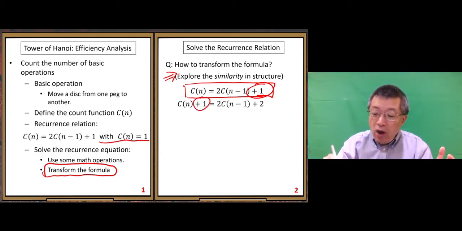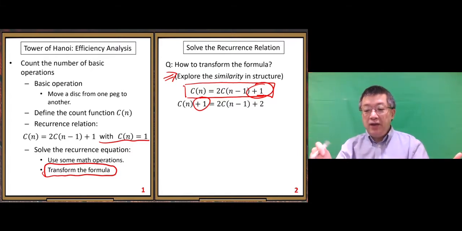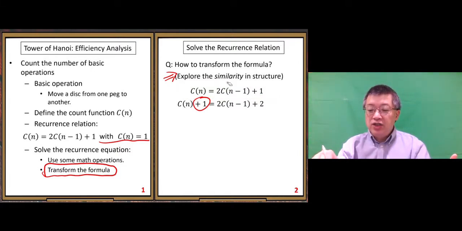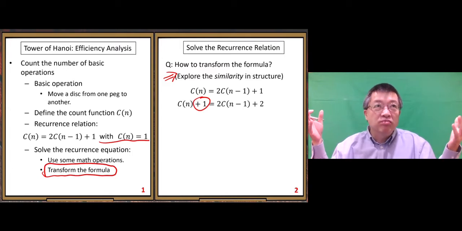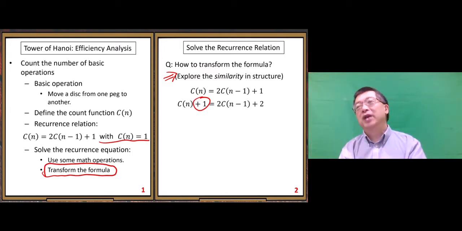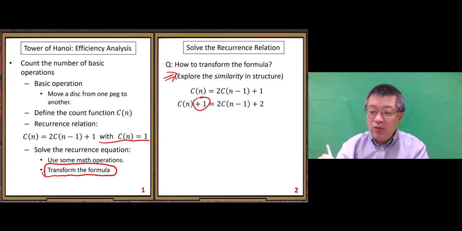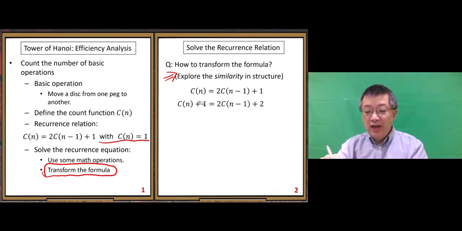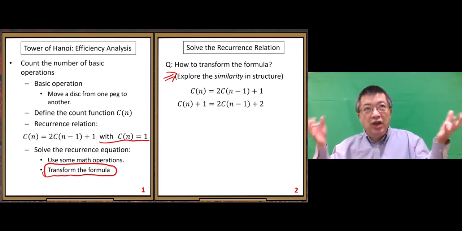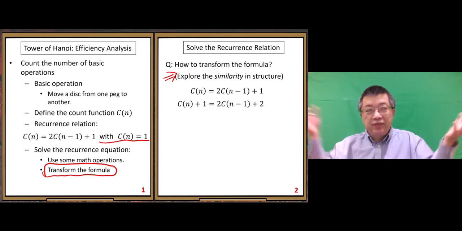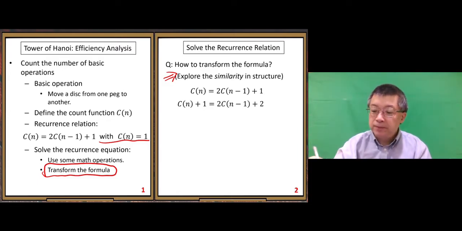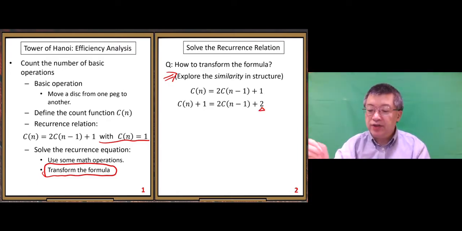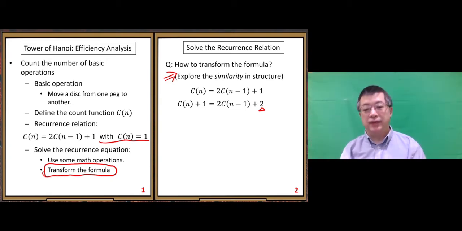We just add 1 to both sides. Then both sides will have a plus something term. To make the equation still balanced as before, this term becomes 2.